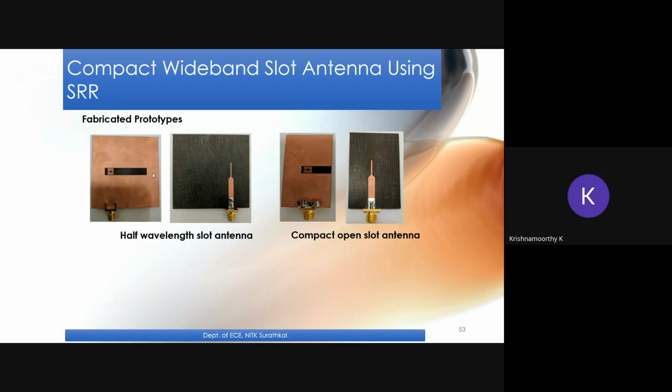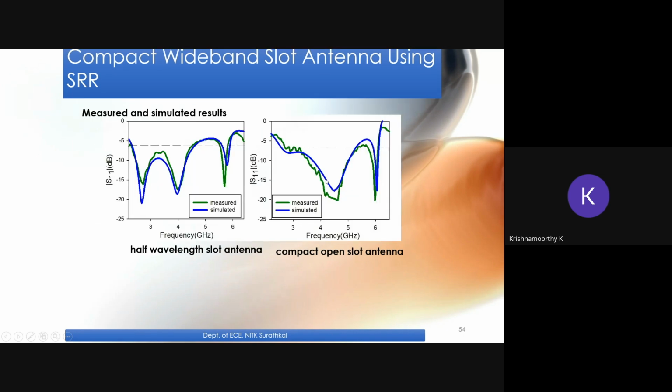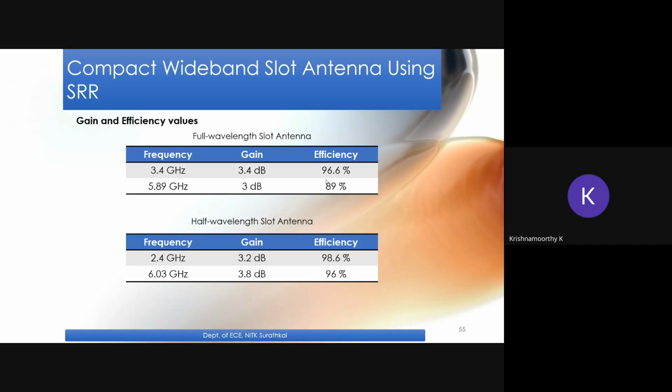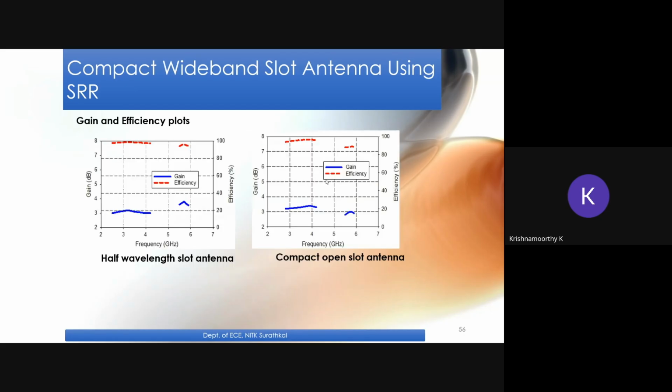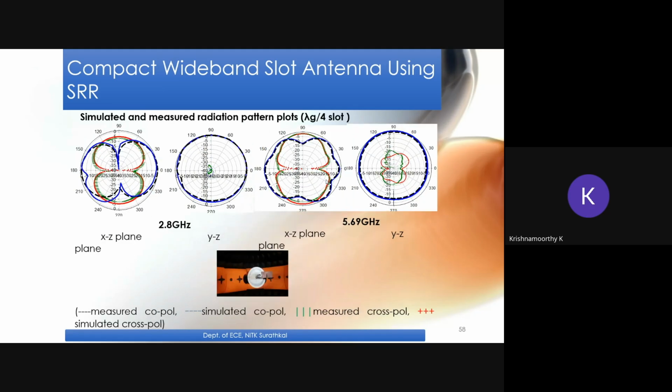This is the fabricated structure of the full length slot and the compact slot antenna. This is the measured results, and this is the gain and efficiency at two resonance frequencies. These are some of the measured radiation patterns at the two different resonance bands.